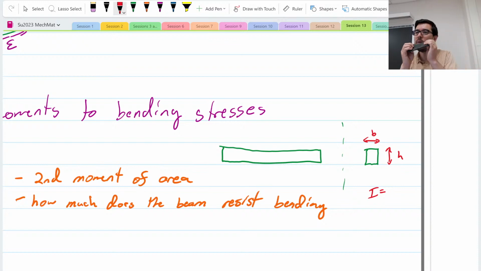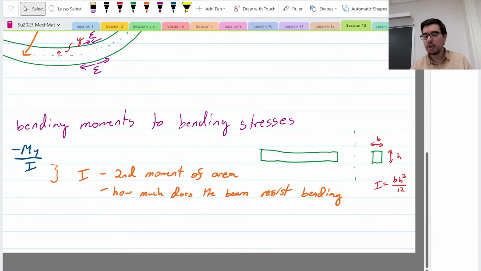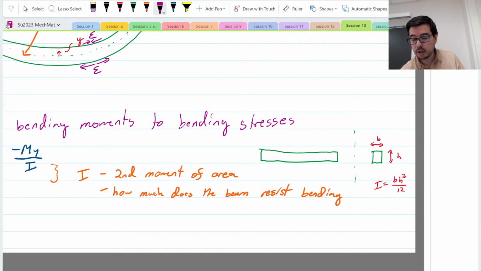The height, if I make it thicker, it's going to want to bend significantly less. And it turns out that this is what you see here with bh cubed over 12. All right, that's an expression that you'll see. And this comes from an integral that we can do and that we do, all right, where I is equal to the integral of y squared dA.